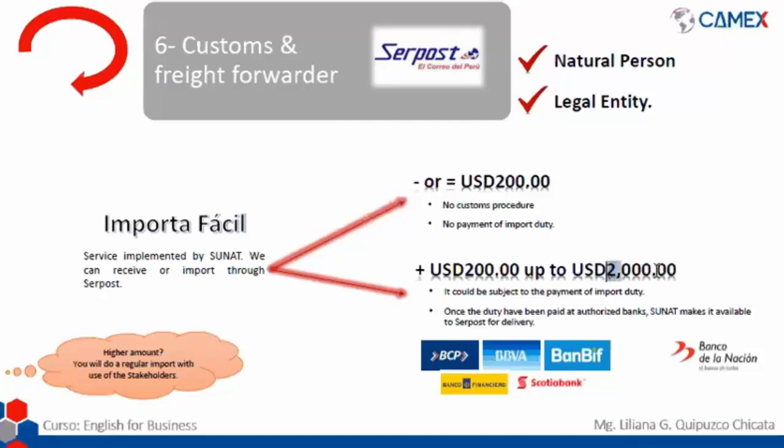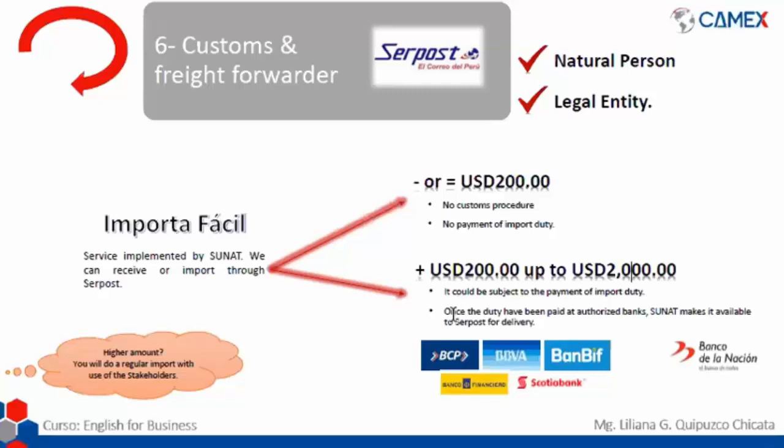Remember not to buy $2,000 exactly. Remember to buy a little less just in case. In this case, your products could be subject to the payment of import duties. To your house is going to arrive a little paper where they are going to let you know the number of your declaration, where you have to look it up, and how much you will have to pay.